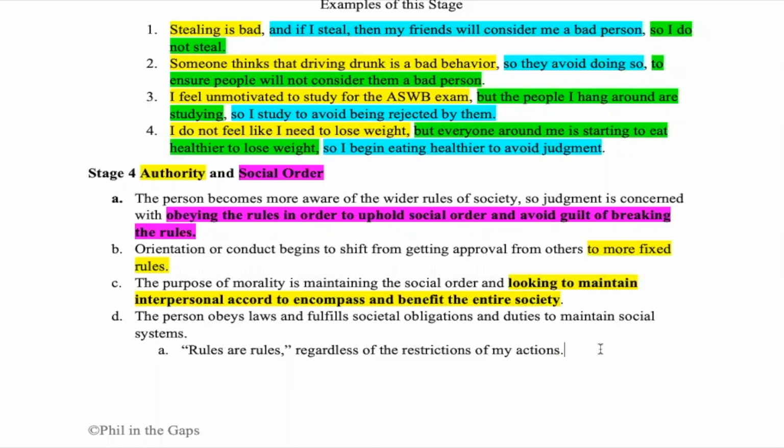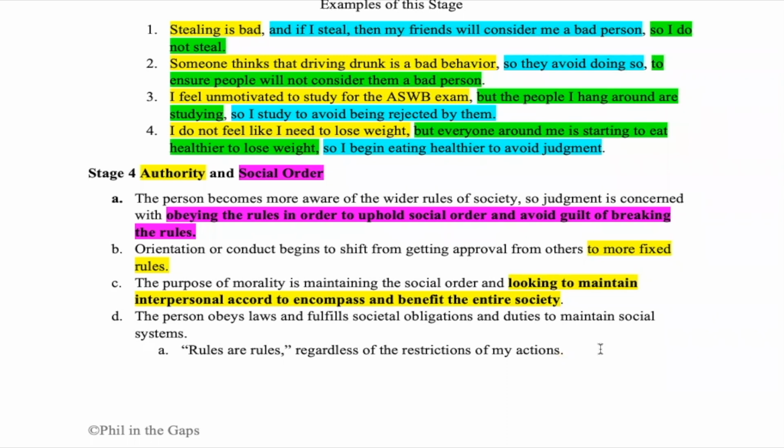And this is an individual that is always going to say rules are rules, regardless of the negative consequence on themselves. They're like, you know what? This is just how the world works. And I'm never going to push back on anybody in any way, shape, or form. And that's where a lot of adults are going to fall within the conformity and interpersonal accord and authority and social order type realms.